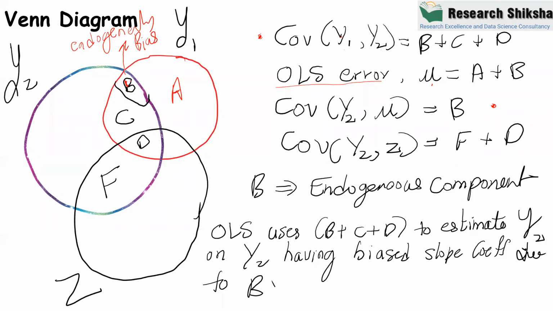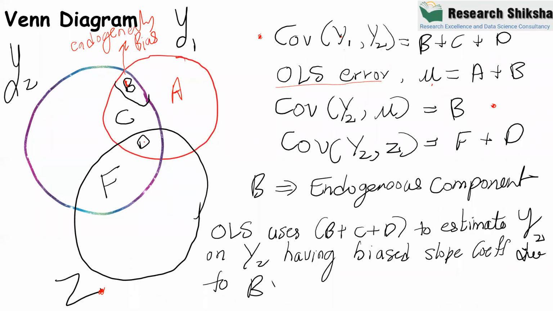Because of this biasness, now we are incorporating the instrumental variable Z. So what does this instrumental variable Z do? This instrumental variable Z will correct the biasness because of endogeneity by the D, right?